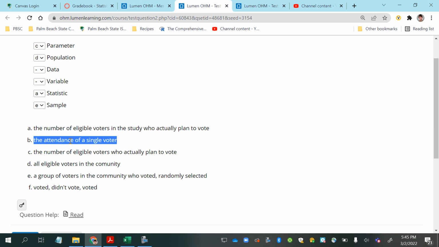So now we have the attendance of a single voter, and then F, voted, didn't vote, voted. So what are these two terms here? Data and variable. It's important to realize that you could think of a variable in different ways, but one way to think of it is a blank space where you're going to insert something.